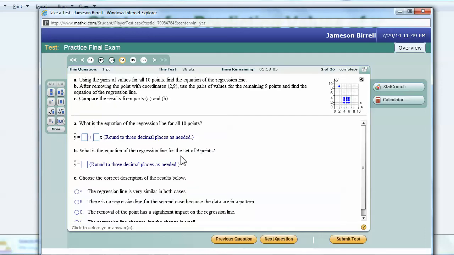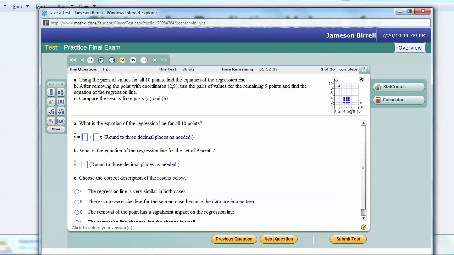Number 34. Oh, I don't think we've done any videos for this. This is a classic. Use the pairs of values for all 10 points listed here. Find the equation of the regression line. After removing the point with coordinates 2, 9, and you'll see, or maybe you can't, but 2, 9 is this little outlier one.